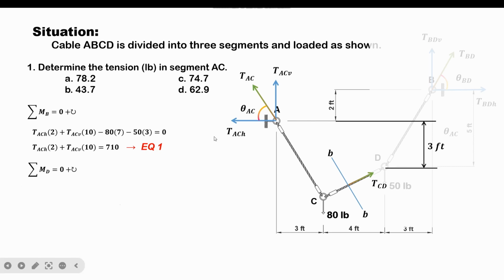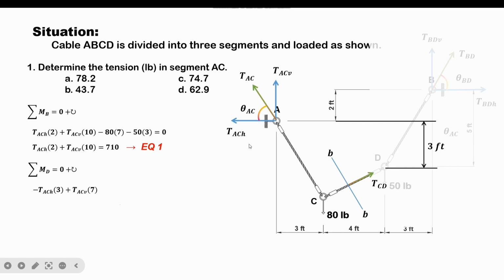So let's first take the moment of the horizontal reaction at joint A. The horizontal reaction at A would produce a counterclockwise moment about D. So we have here negative TACH multiplied by its moment arm, which is equal to 3 feet. Now, the vertical reaction at joint A would produce a clockwise moment about D. So we have here plus TACV multiplied by its moment arm, which is equal to 3 plus 4, which is equal to 7.